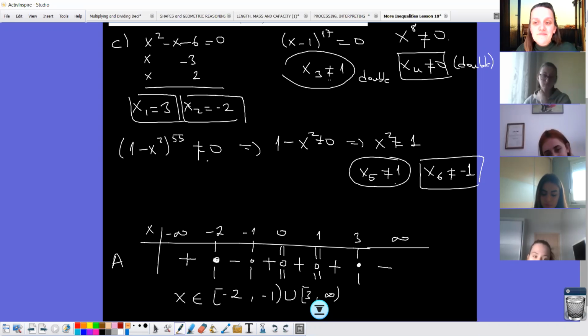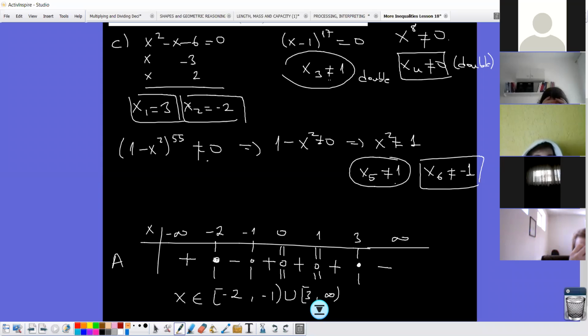For example, when I am asking now how we are starting to write the sign chart, I think that you know. Every root changes the sign. If it is a double root, it remains the same; only in a double root it doesn't change.